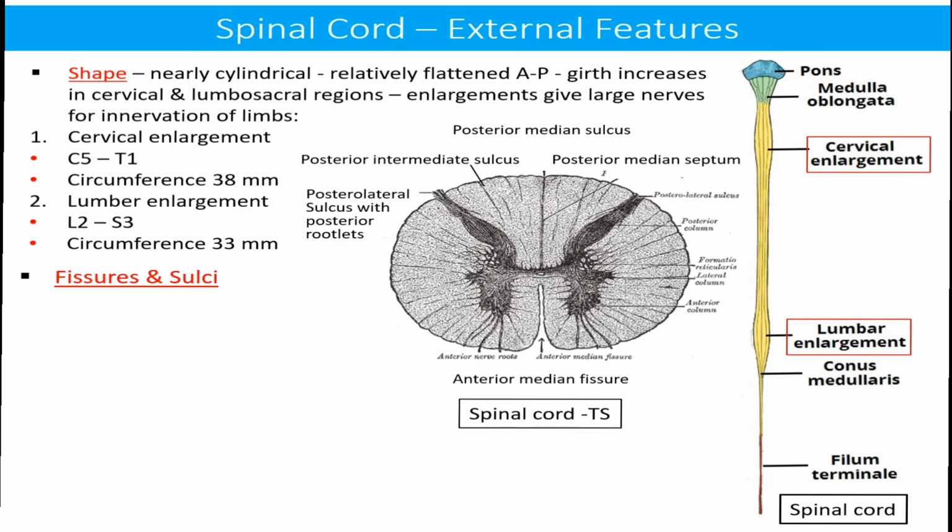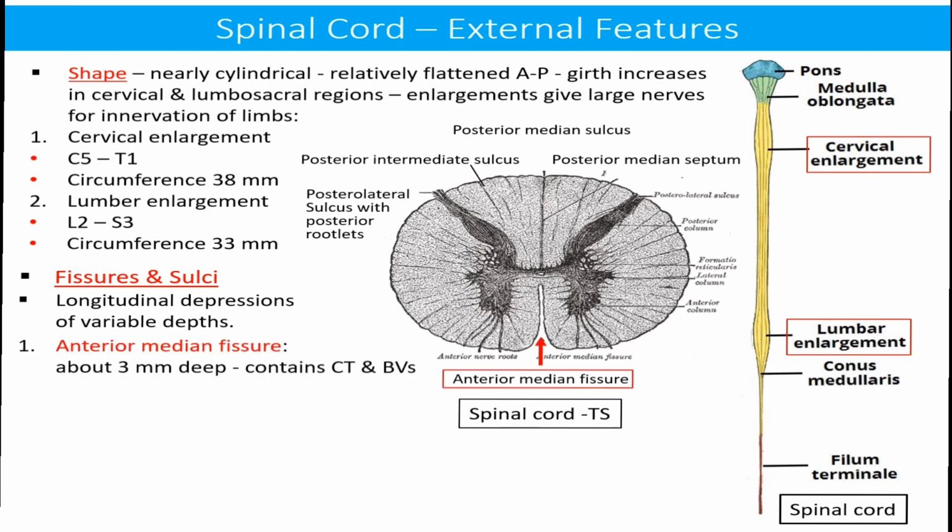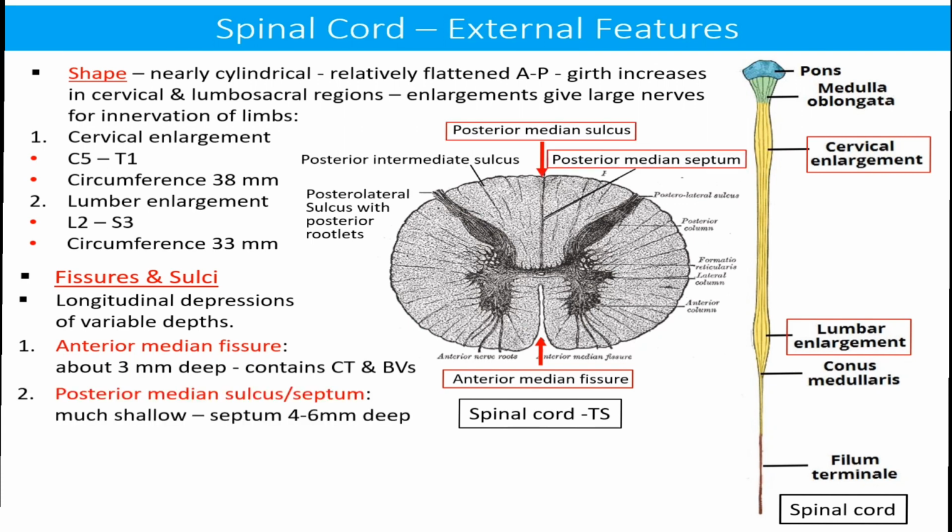Now we come on to the fissures and sulci. These are longitudinal depressions of variable depth which extend almost throughout the entire length of the spinal cord. These are, number one, anterior median fissure, which is about 3 millimeters deep on the anterior aspect of the spinal cord and contains connective tissue and blood vessels.